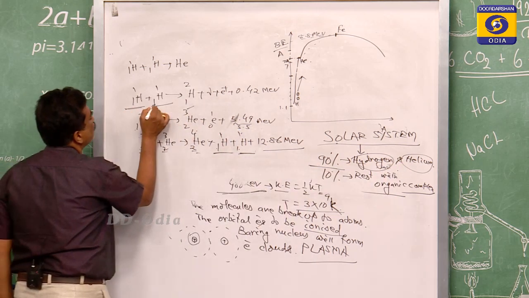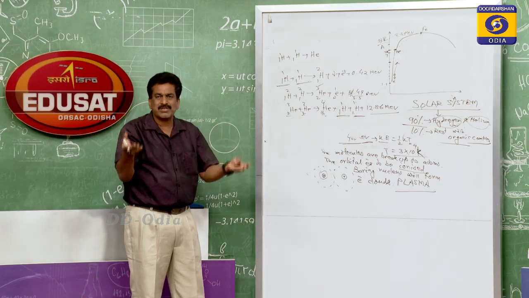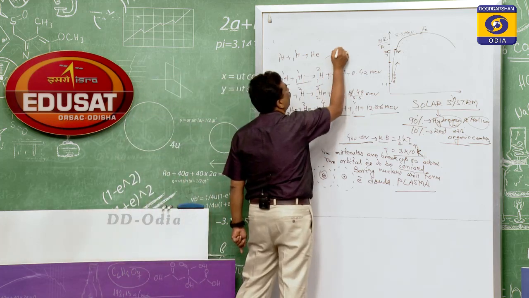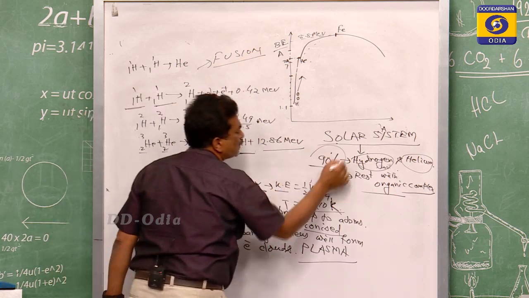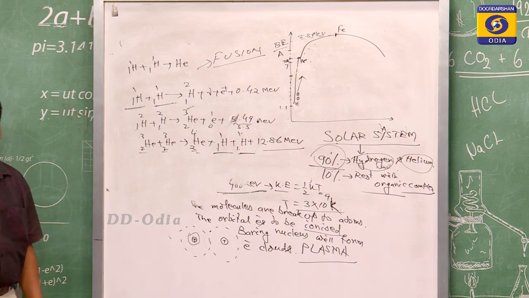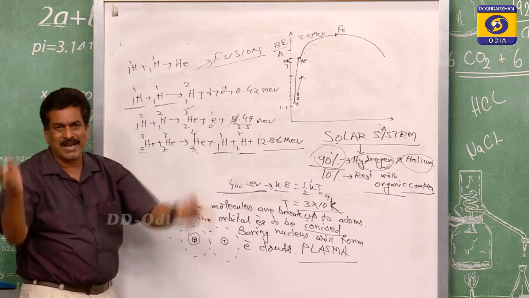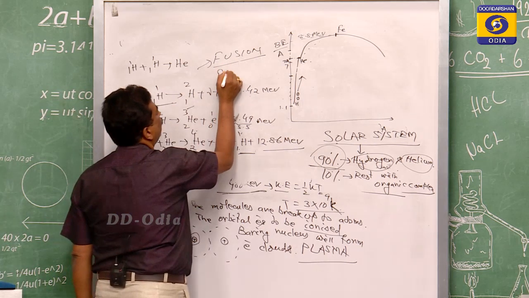When these two lighter particles combine, the process being shown is fusion. The 90% lighter particles are there and their combinations will go on and make fusion.